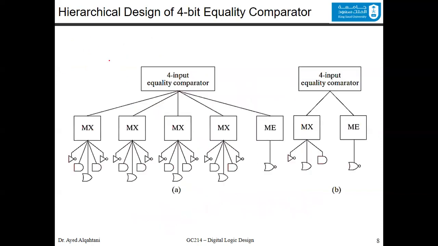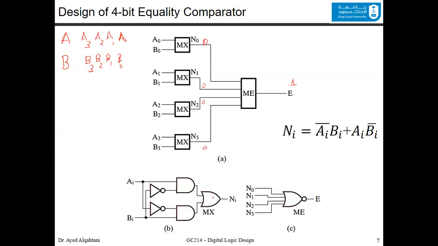Now, the hierarchical design for the 4-bit equality comparator will have 4 XORs, which we called MX, and each one of them inside it has a single OR, 2 ANDs, and 2 inverters. As you can see here, single OR, 2 ANDs, and 2 inverters.